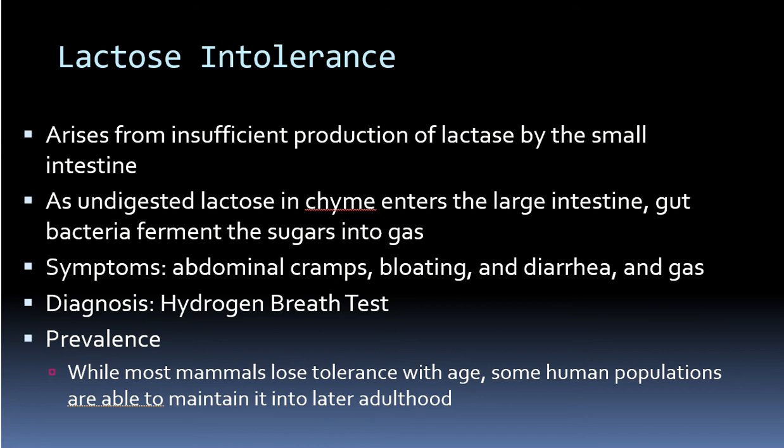For the digestive system, one disorder that will be talked about is lactose intolerance. This lactose intolerance arises from your body not being able to produce lactase, which is the enzyme that digests lactose sugars in the small intestine.